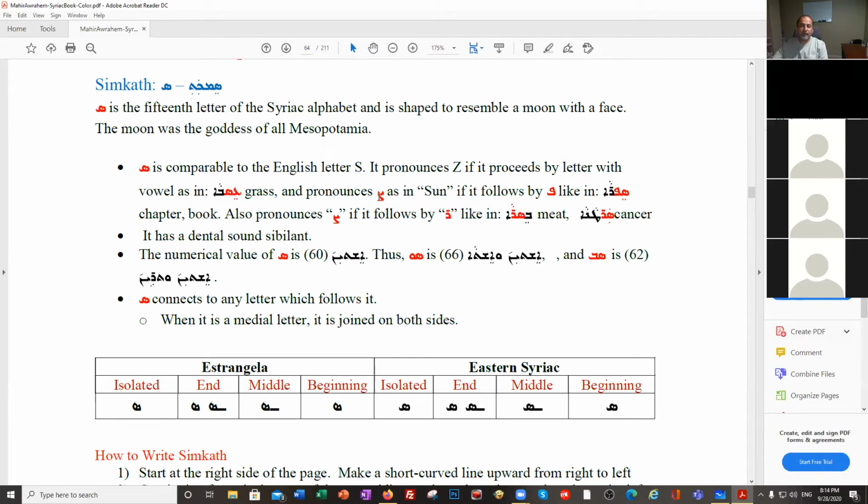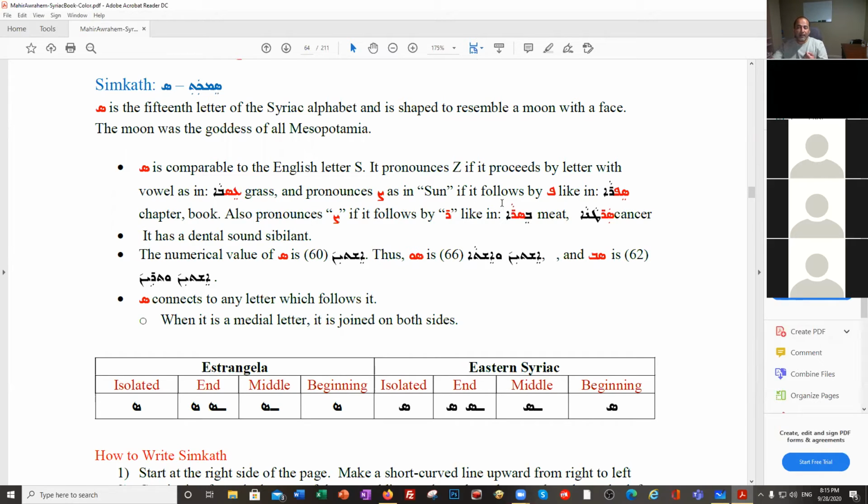And also pronounce S as in son if it is followed by pe, like sipra. Also pronounce S if it is followed by resh, like in busra.